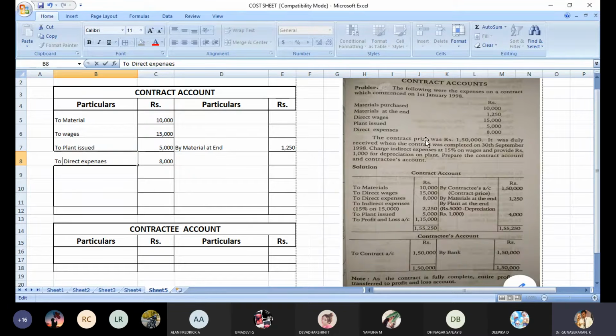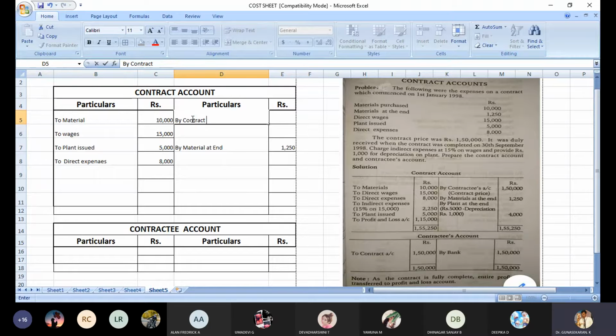The contract price was rupees 1,50,000. That means contract price. Actually, the contract price is given by the contractee, the owner. This amount is given to the contractor. So the contract account is prepared by the contractor, not the contractee. So by contract price, by contract amount.